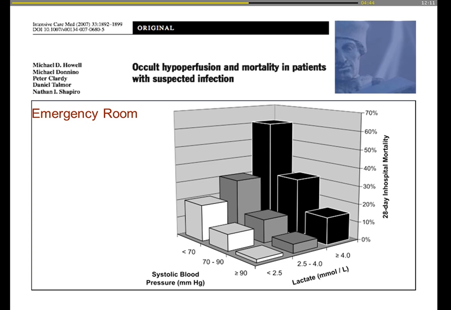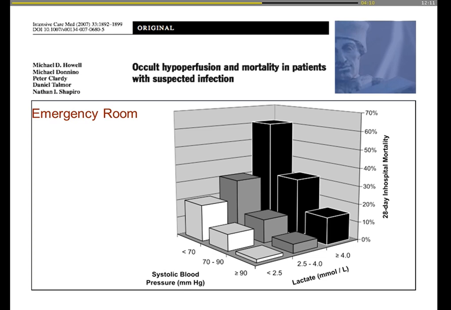This study from the group of Nathan Shapiro from Boston already showed, if you look at the significance of an indicator of hypoperfusion and abnormal metabolism, lactate, and the macrohemodynamics, blood pressure, and you look at outcome, ultimate survival or mortality, lactate is much more predictive than the blood pressure signal.